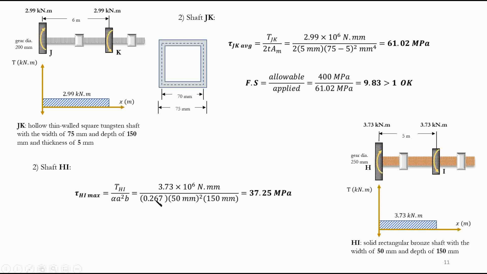So this alpha value 0.267 is for B over A value of 3, okay? So you can check that out as well. So basically, if we do the calculation, we end up with this value, and we can calculate the factor of safety as we've done before. The shear strength given for the bronze section is 240 megapascal in this question. We divide by the applied stress, so we end up with this value, which is greater than 1, so it's fine.